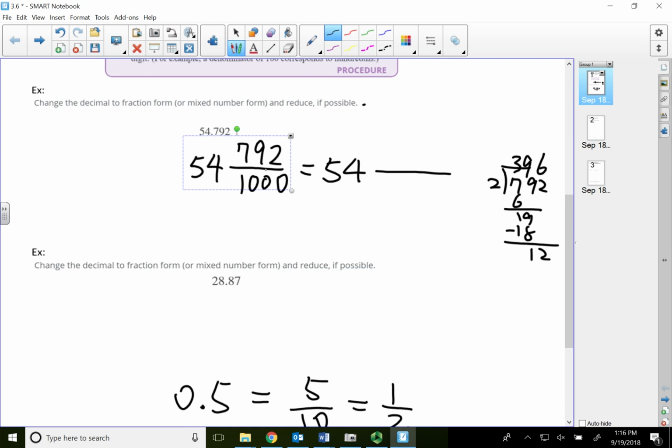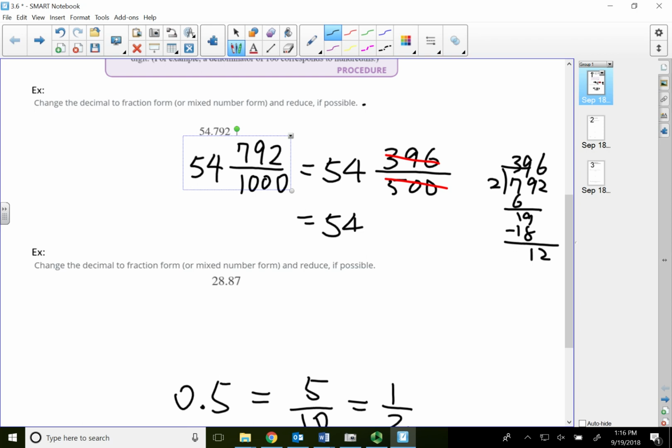I'm thinking divisibility by 3, but 3 cannot go into 1,000 evenly. So that's 396 over 500, since 1,000 divided by 2 is 500. I can reduce it one more time by 2 again.